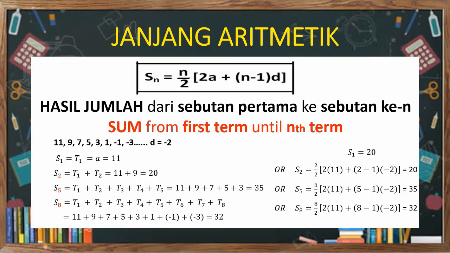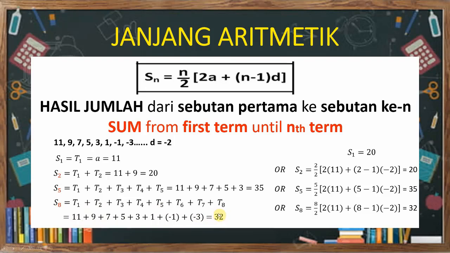Next, same thing goes for 11, 9, 7, 5, 3, 1, -1, -3, where d is -2. If you are asked to add up to 8 terms, you will need to list out T1 plus T2, T3, T4, and so on until the 8 terms, where it will be this long and the answer is 32.